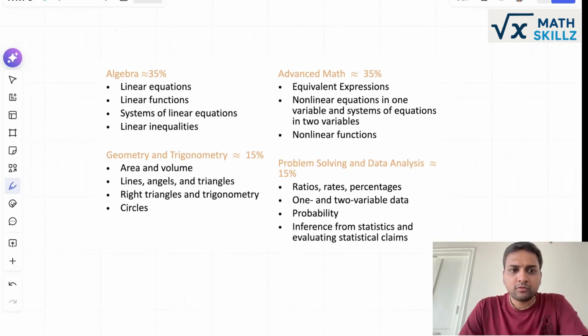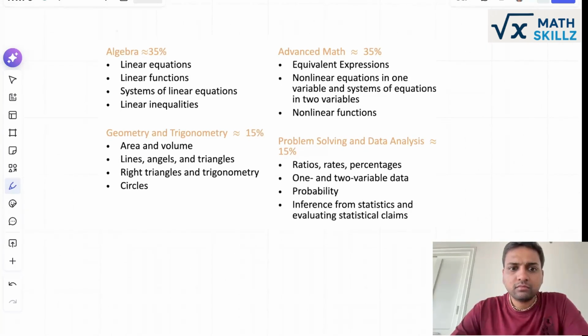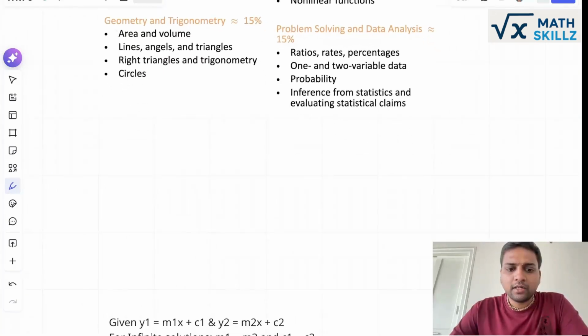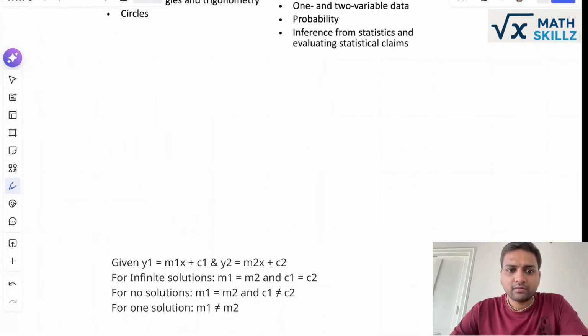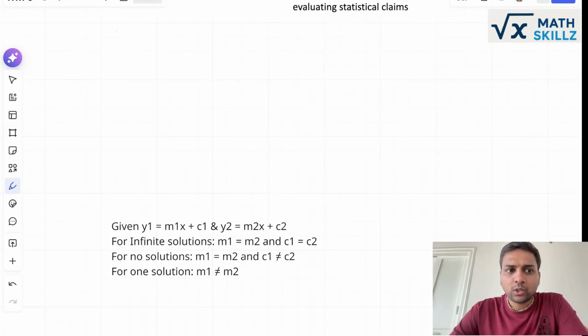Okay, now let us come to the first topic, a brief understanding of linear equations. In linear equations we deal with straight lines, right? A linear equation is an equation where the highest power of the variable is 1.